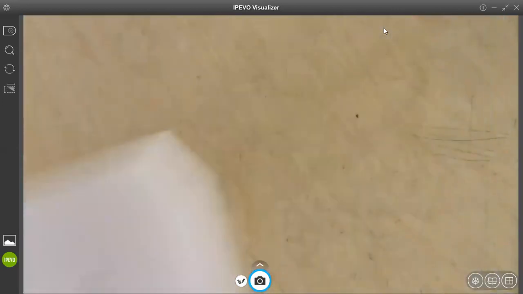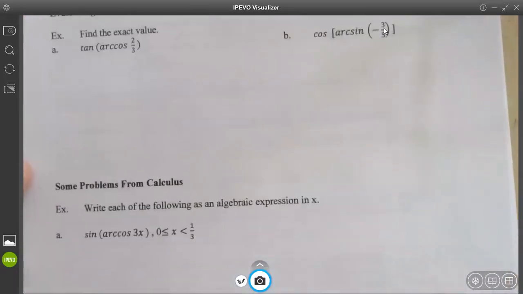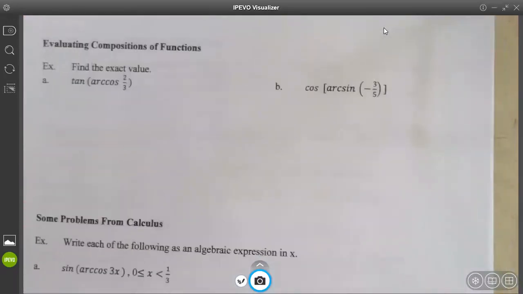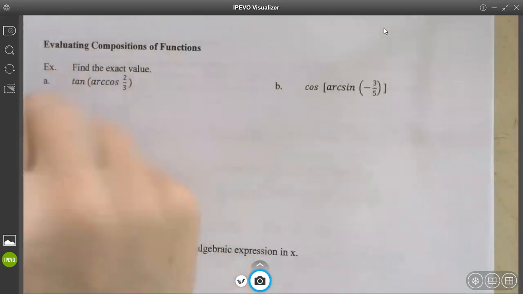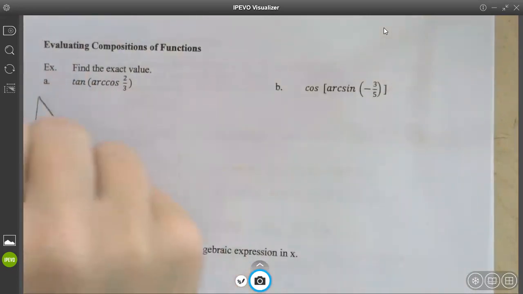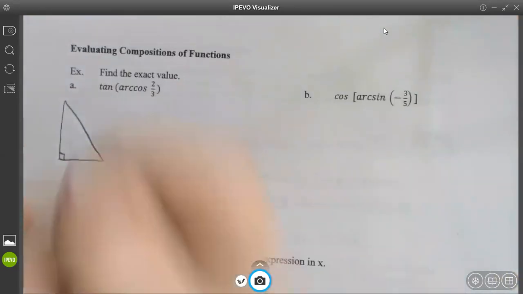All right. Evaluating compositions of functions, find the exact value. This is one of the most missed questions on the test, and they're actually pretty easy. It's because you start looking at arc cosine and you try to fix things. Just treat it like cosine. So all you're gonna do is go back to your trig triangle.